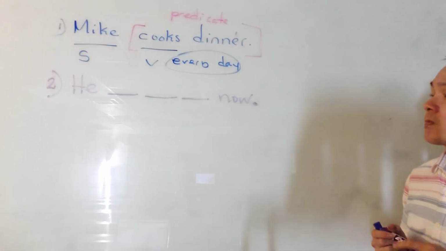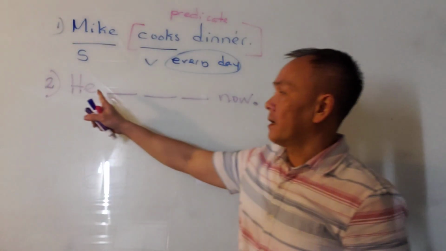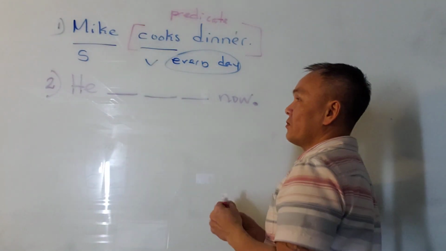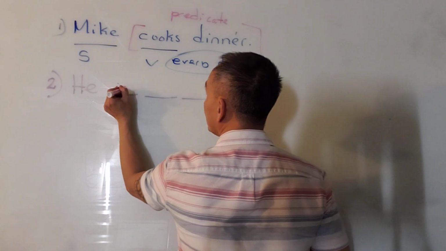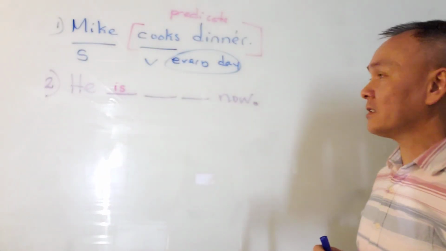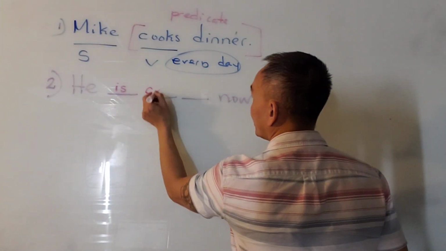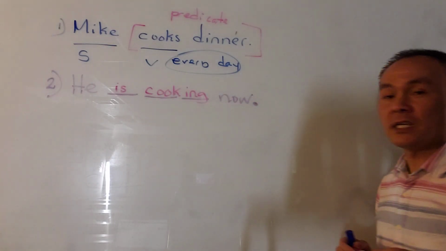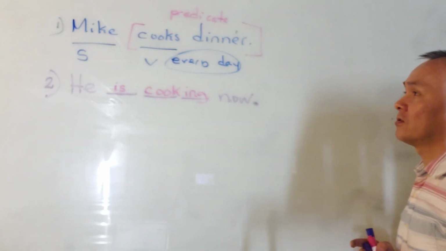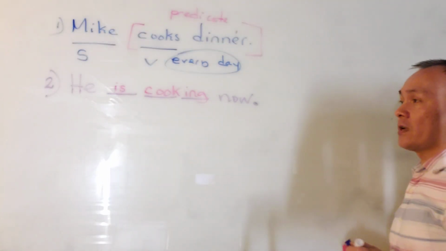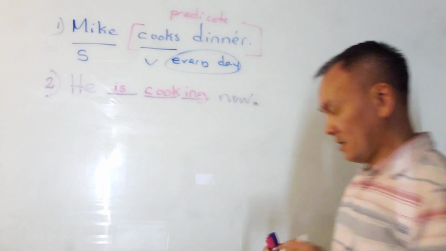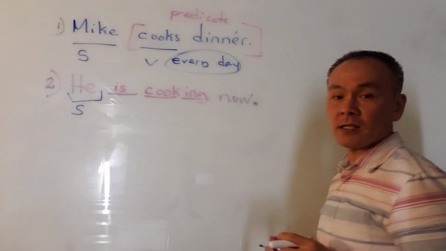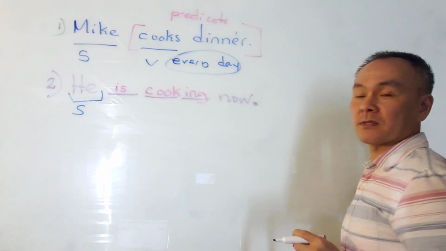Present progressive, remember, always needs to be. So if you say he is, then you are correct. We have to have the verb cook plus ing. So he is cooking right now. Perfect job. So again, what is the subject? If you say the subject is he, then you are correct. What are the verbs?